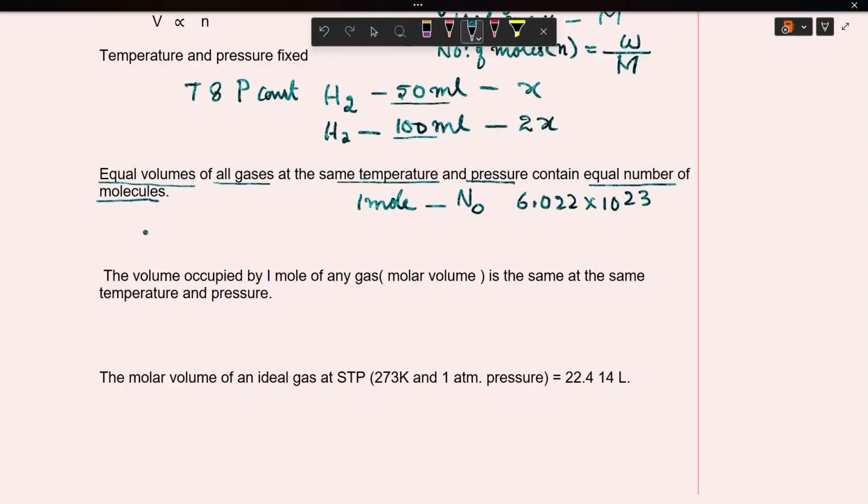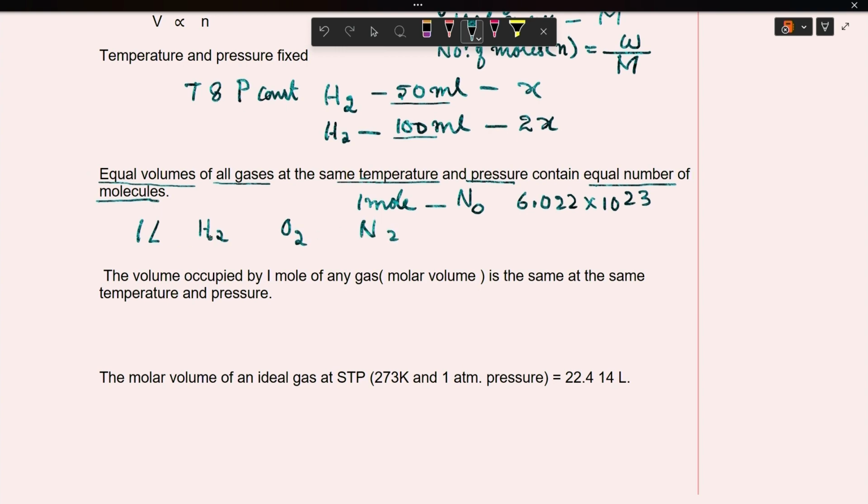So, I am taking equal volumes of many different gases, and if they have the same volume at the same temperature and pressure, the number of moles contained in them will be the same. That is, suppose I am taking 1 liter of hydrogen gas, oxygen gas, and nitrogen gas.